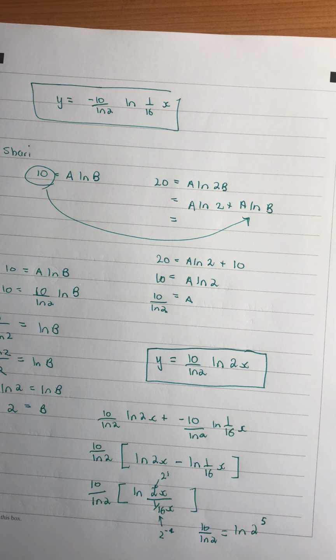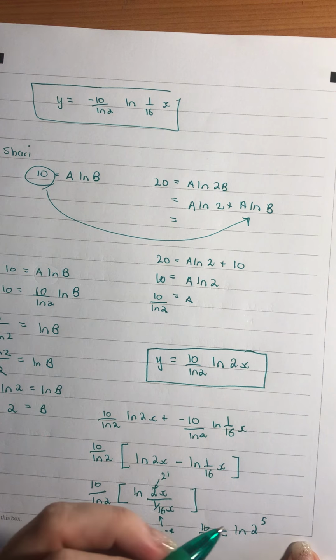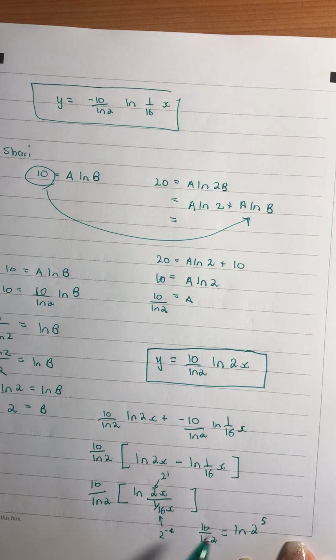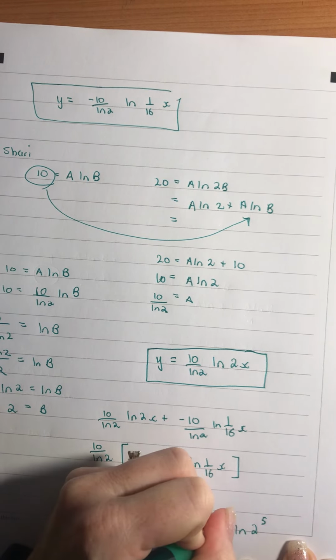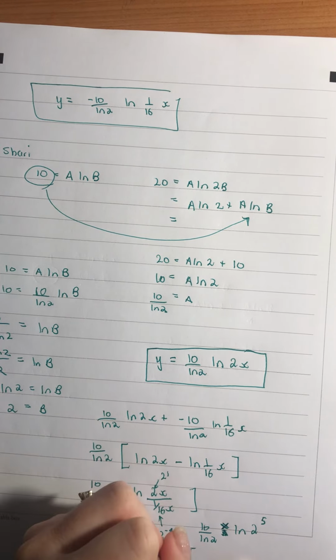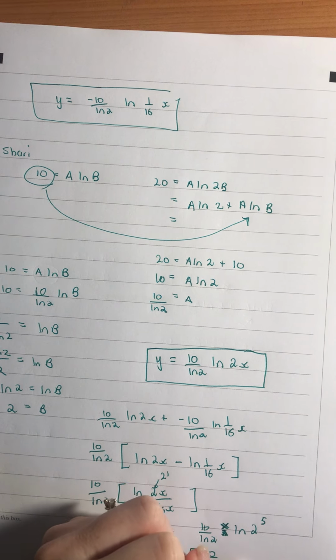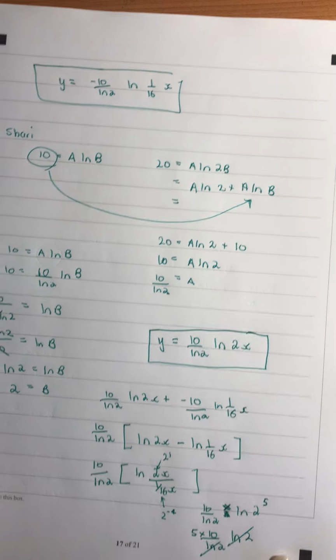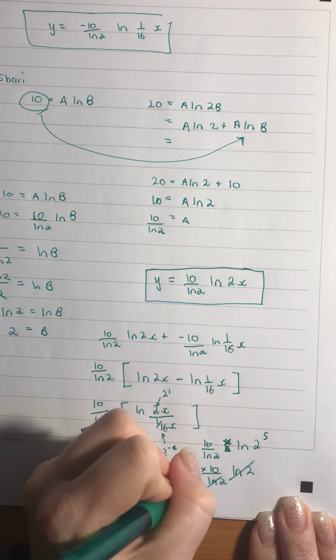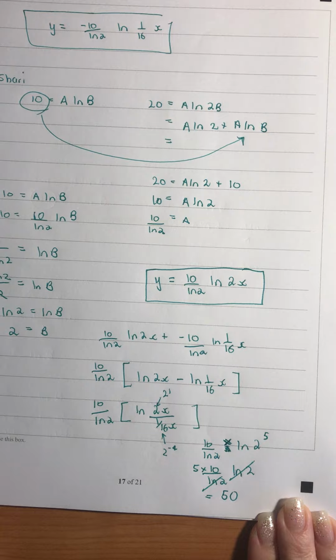Oh, sorry, I've got an equal sign. That was supposed to be multiply. Shouldn't have put an equal sign there. We're going to bring that 5 down, and then we'll have 5 times 10 over ln 2, and the ln 2 there, and we're able to cancel those ln 2's out, and that will equal 5 times 10 is 50.